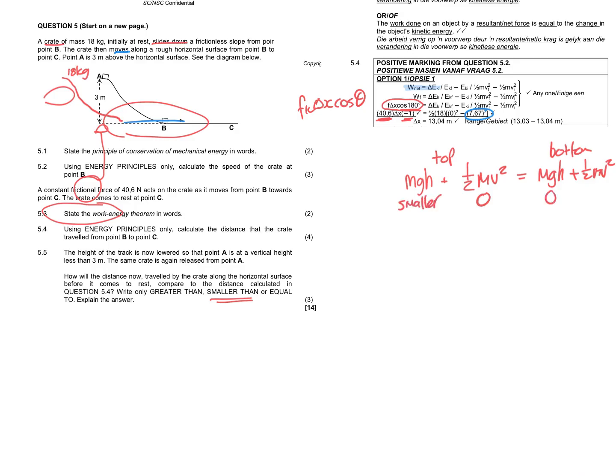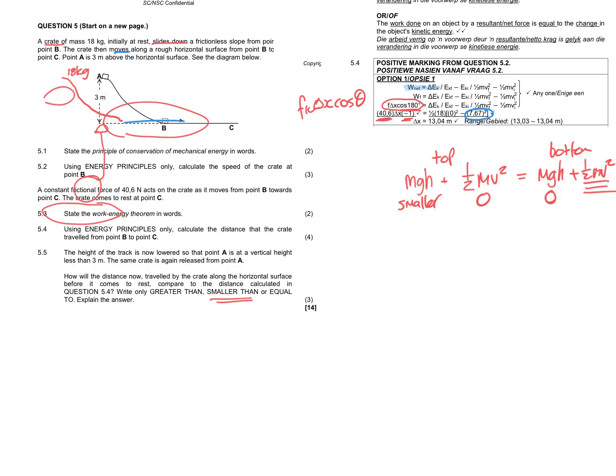So that means that the mgh at the bottom is 0, so this number would be smaller than it used to be. Because the height decreased, you have less energy due to your height above the earth, which means you will have less kinetic energy.